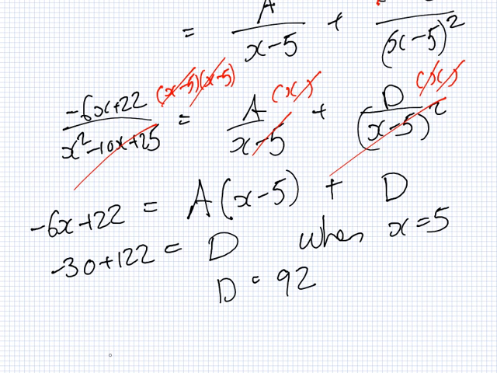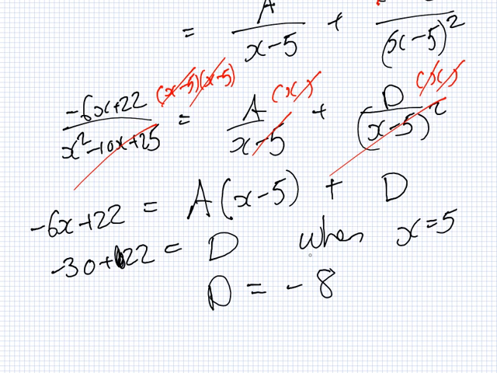Is that 122 or 22? It's 22. So minus 30 plus 22 is minus 8. So D equals minus 8.